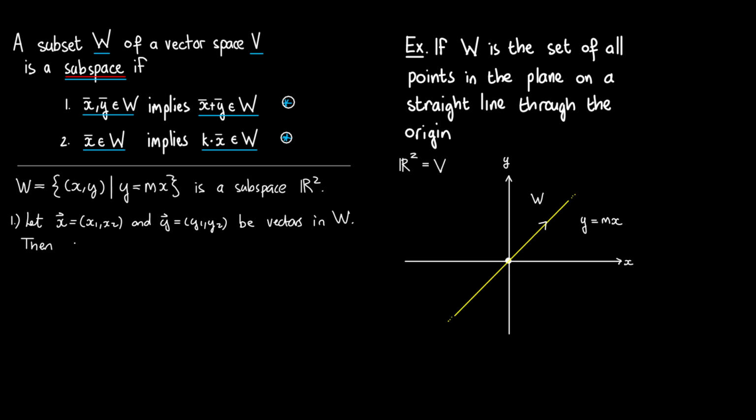What does it mean? It means that the second component of x, in other words x2, is equal to m times x1. But also the same thing is true for y. y2 is just equal to m times y1.